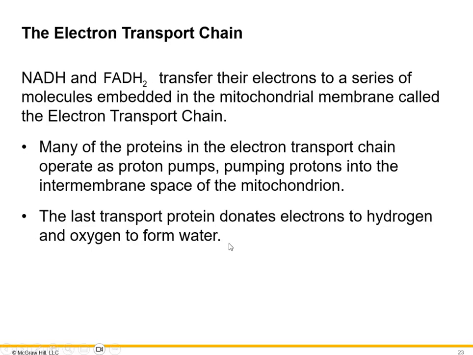The very last transport protein will donate the leftover electrons to hydrogen and oxygen to form water. And that's how we get our byproduct of water.